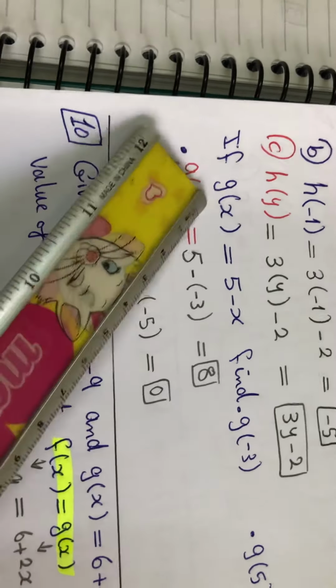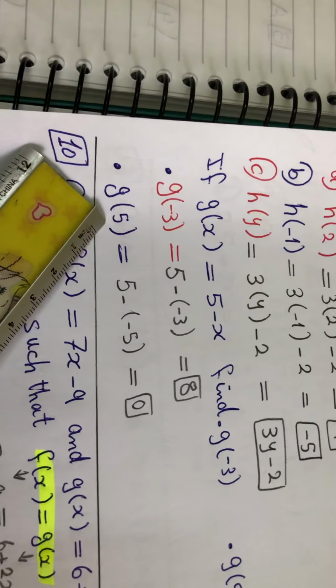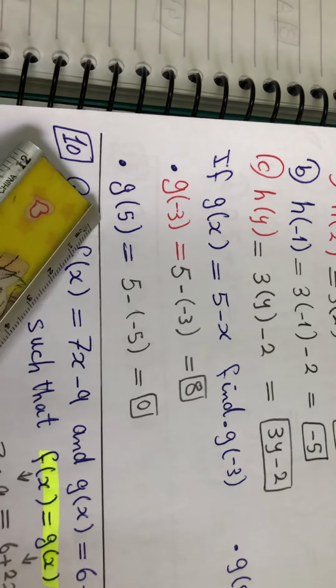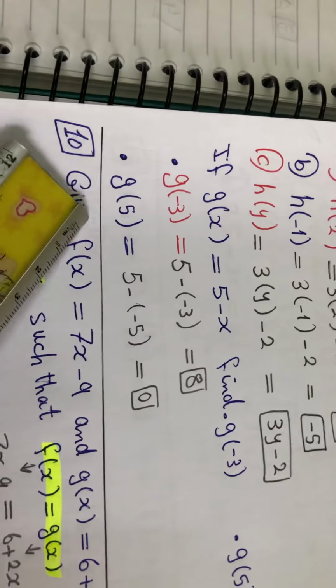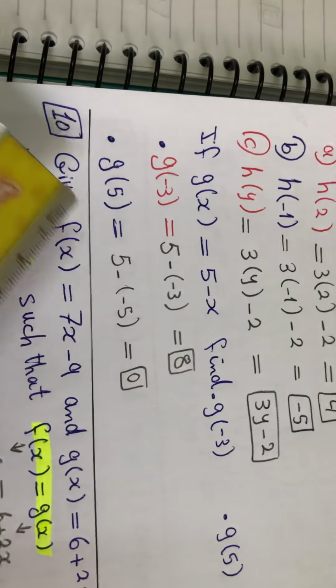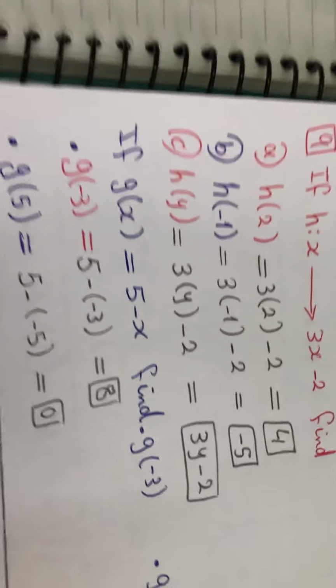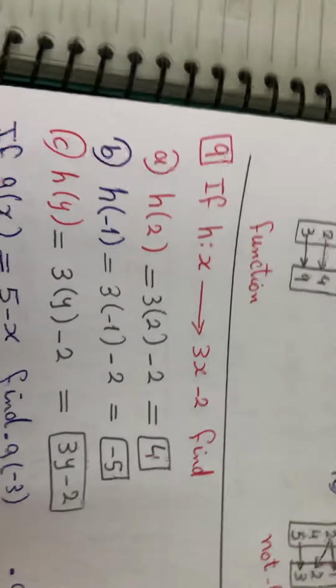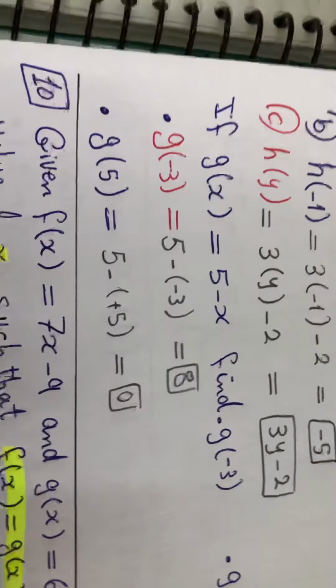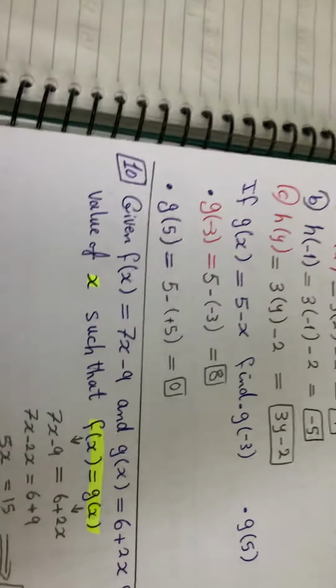I have here g of x equals 5 minus x. I want g of 5. So I'll substitute x by putting 5. It will be 5 minus 5. Okay, I'm sorry, I put minus 2 times. This is minus, so it will be 0. Okay, as you see here.